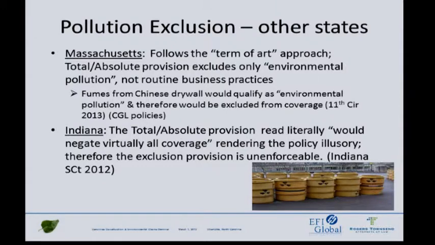And so Massachusetts follows that, but in another Chinese drywall case, they said that the fumes from the drywall were actually traditional environmental pollution and therefore would be excluded. So they followed the middle ground, but fumes from Chinese drywall are not normal things that happen in your business operation, so it was not covered.